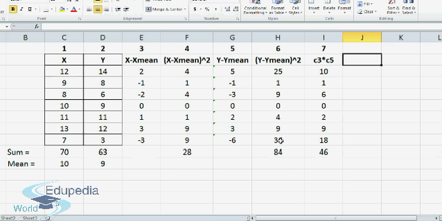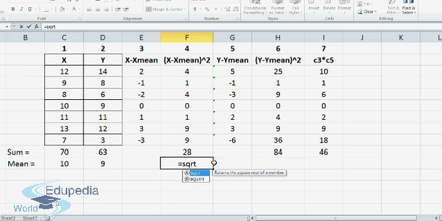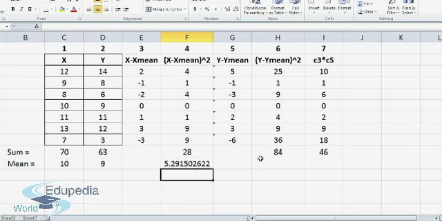So let's do the working here. Of course, we need the square root of these, so let me put it here. Square root of this number, and we also need the square root of this number here. Now we have the square roots.